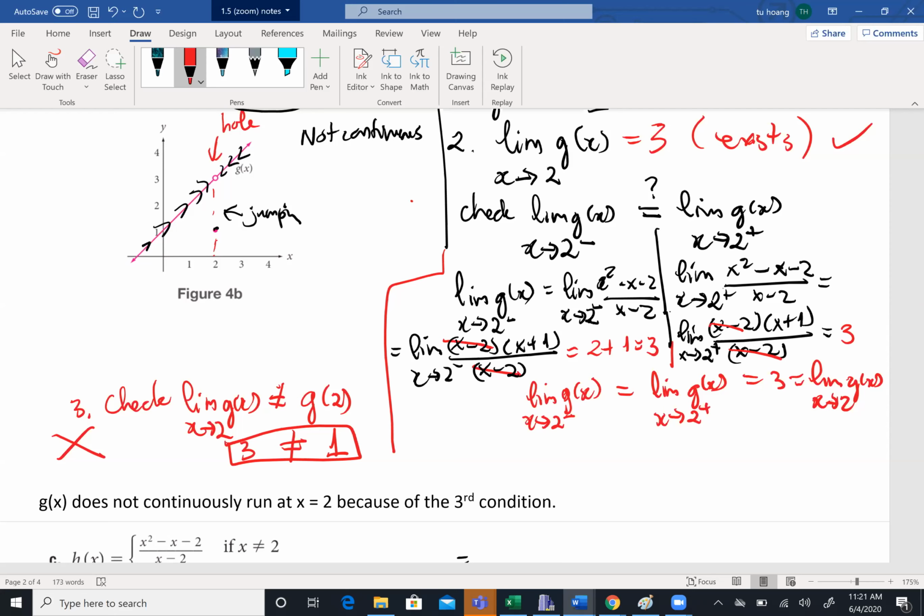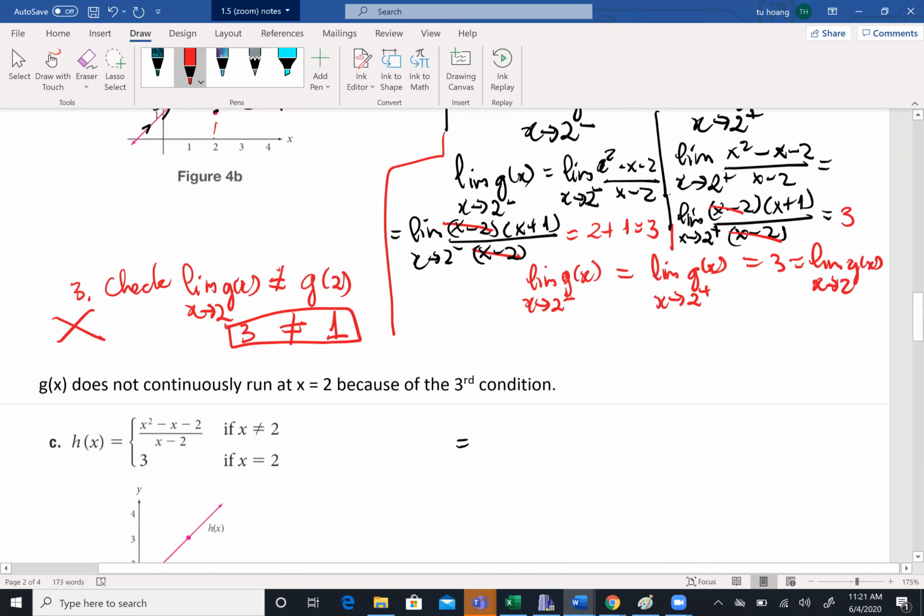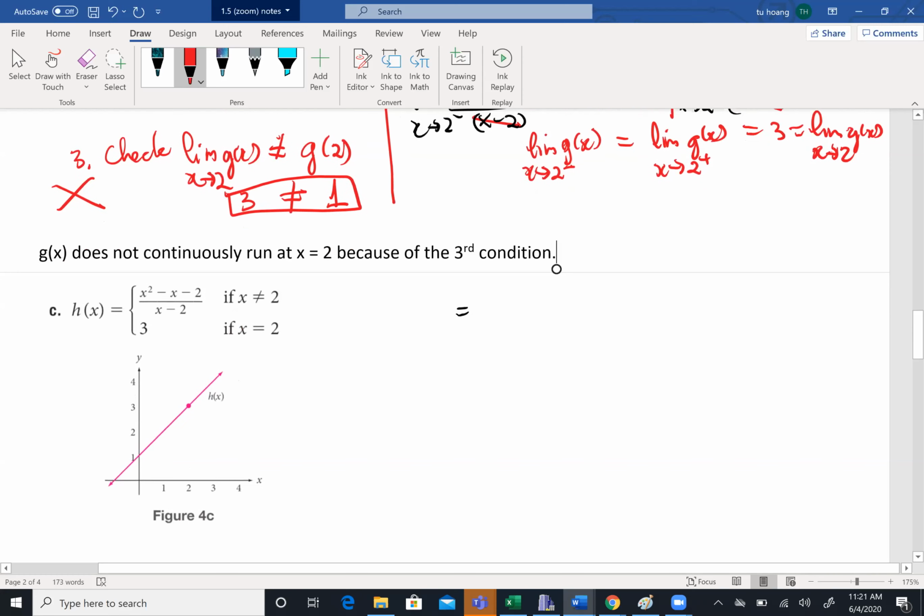So let's move to part C here. Still having the same first part as in A and B, but the second part of the piecewise function here is equal to 3, okay?